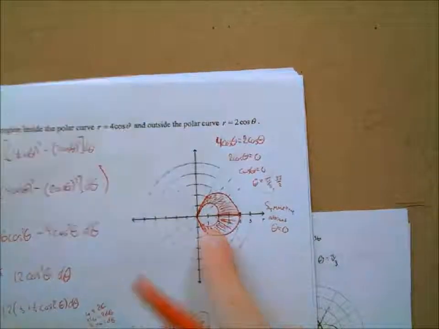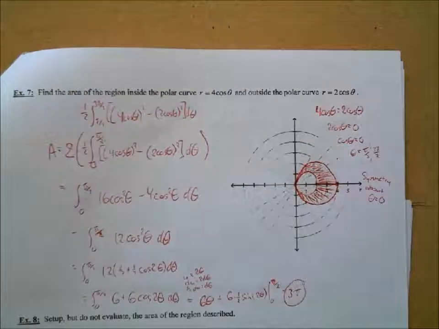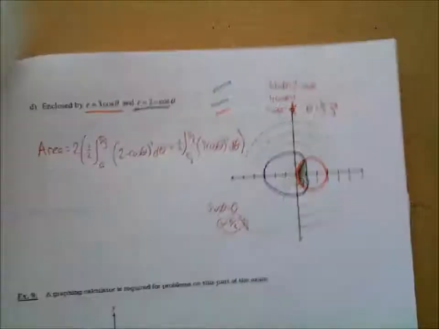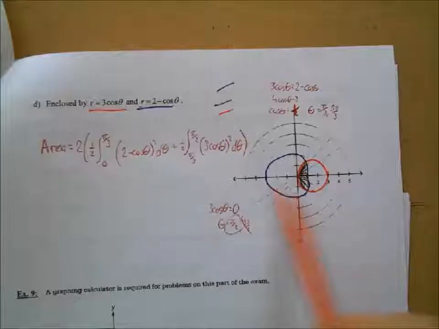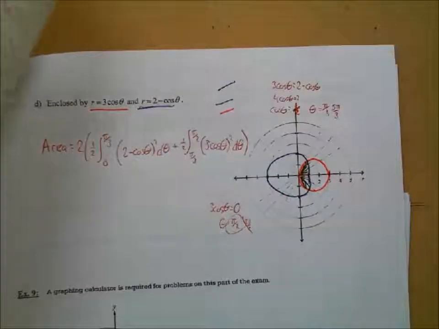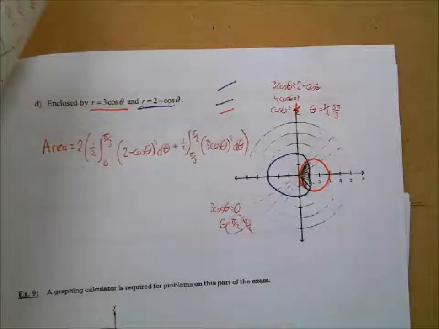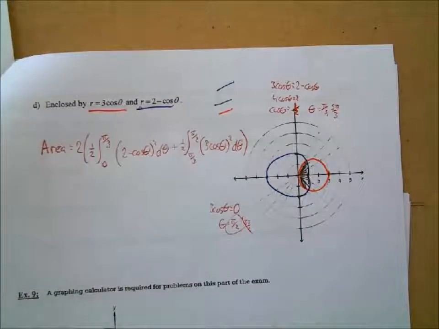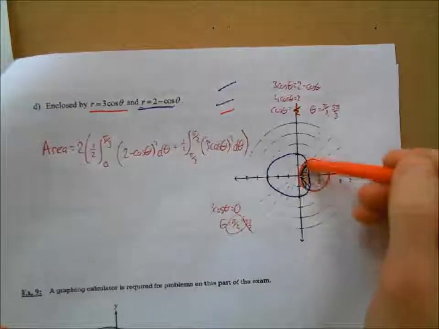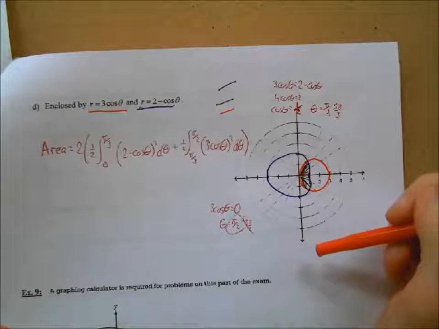I did the integral of 1/2, from 0 to pi over 2, of 3 cosine squared 3 theta minus 2 minus cosine squared. Can you not do that? I tried to integrate the entirety of the red one, and then subtract.